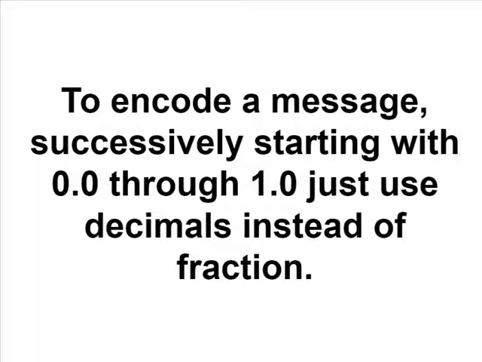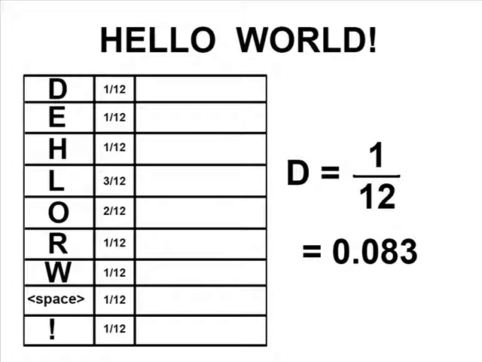To encode the message successively starting with 0.0 through 1.0, just use decimals instead of fractions. Since D had a probability of 1/12, in decimal form it would be 0.083. Since we start with 0.0, the interval of D is 0.0 to 0.083.